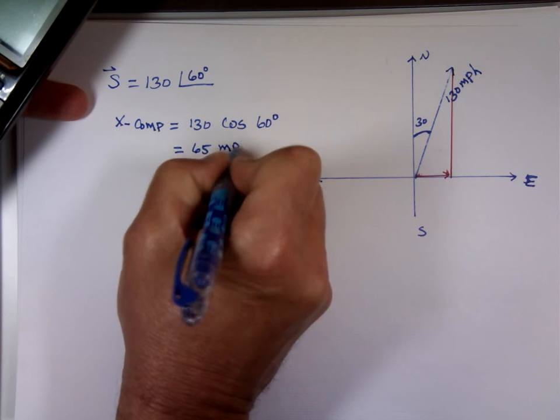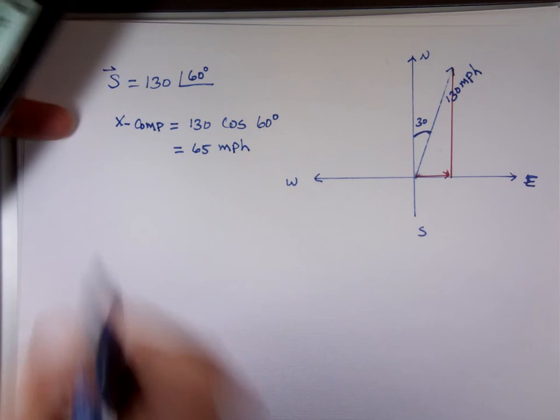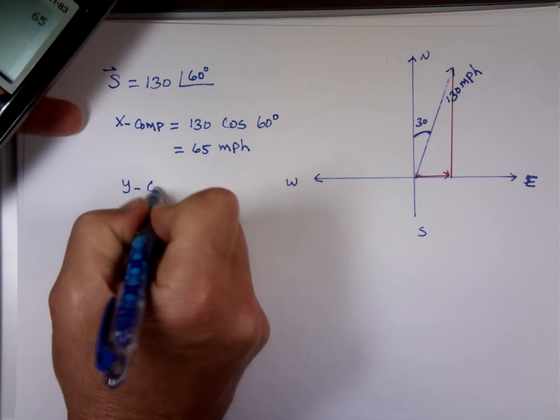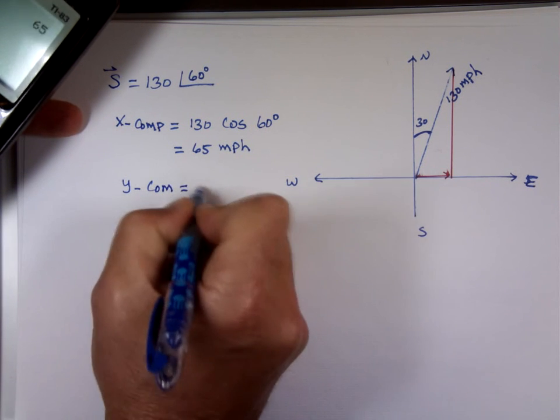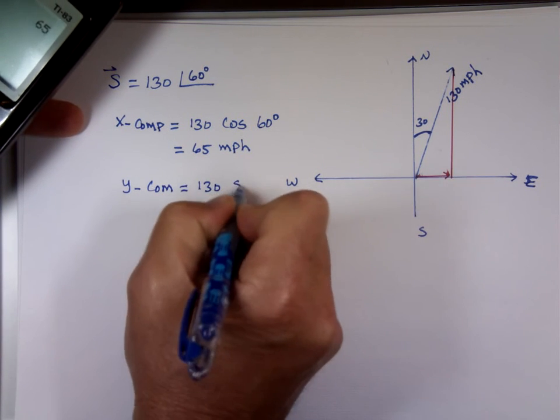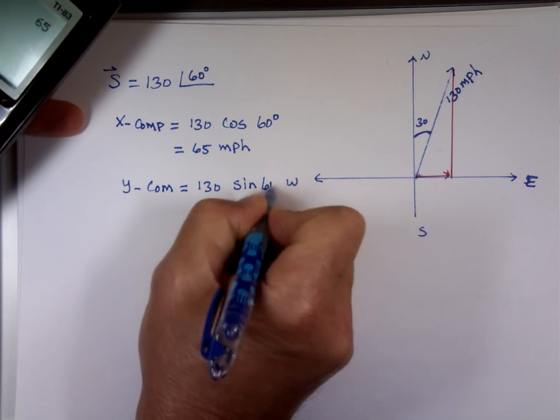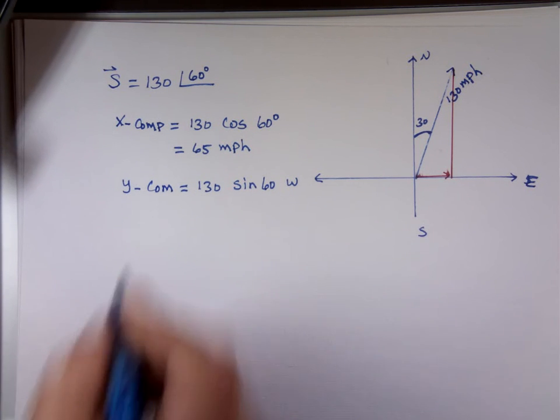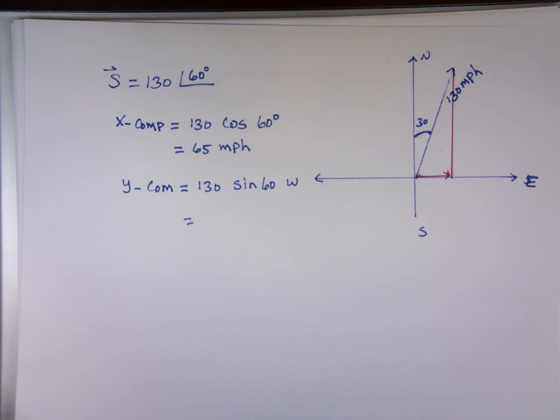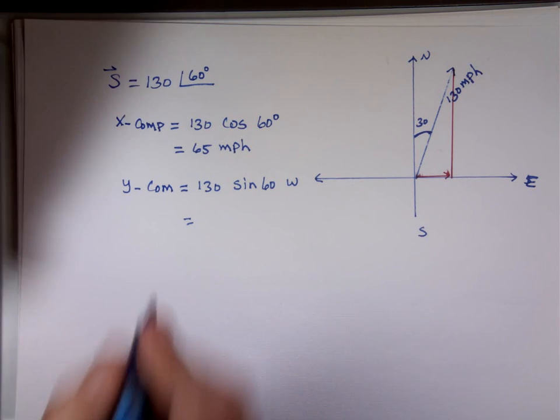And the y component equals 130 sine of 60, which is 112.6 miles per hour.